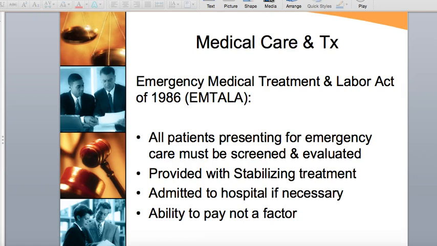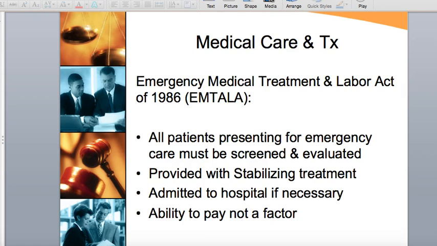Another important development related to emergency care is the Emergency Medical Treatment and Labor Act of 1986. Basically, this act makes sure anyone who presents at an emergency room is stabilized and treated for service and care. Based under the Emergency Medical Treatment and Labor Act, all patients presenting for emergency care must be screened and evaluated. They also must be provided with stabilizing treatment and admitted to the hospital if it's necessary.